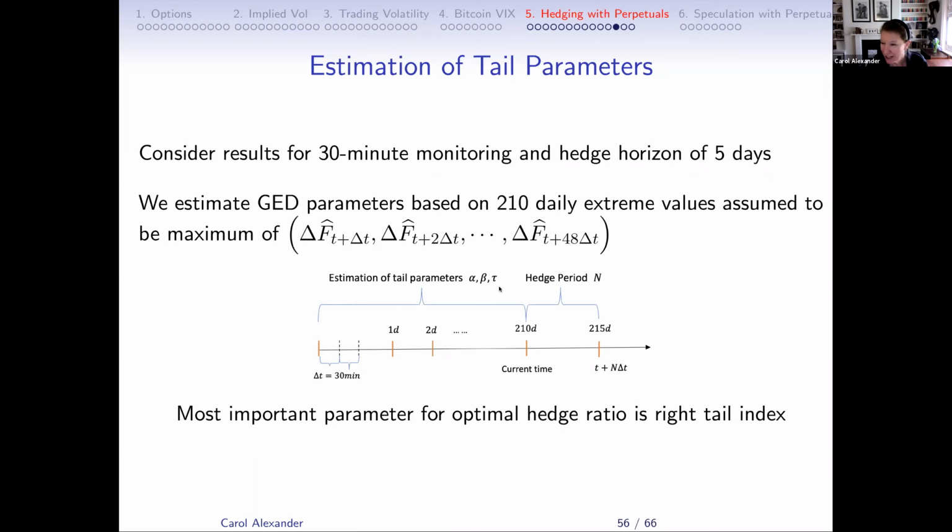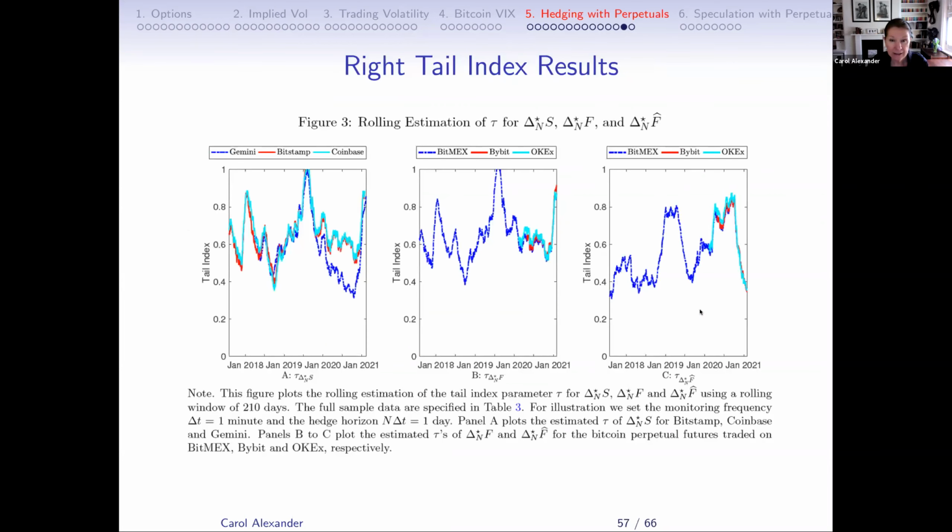We've tried it with fewer, but 210. We may change it to 200. I don't know why Jun initially chose 210, but we're trying to reduce that and still get robust estimates of these parameters. And as I said, the most important parameter to estimate is tau, the right tail index.